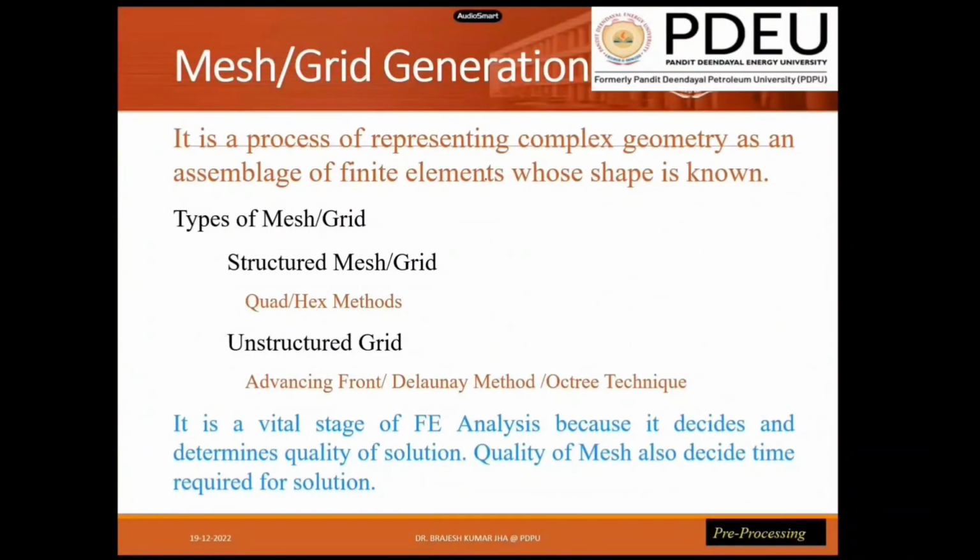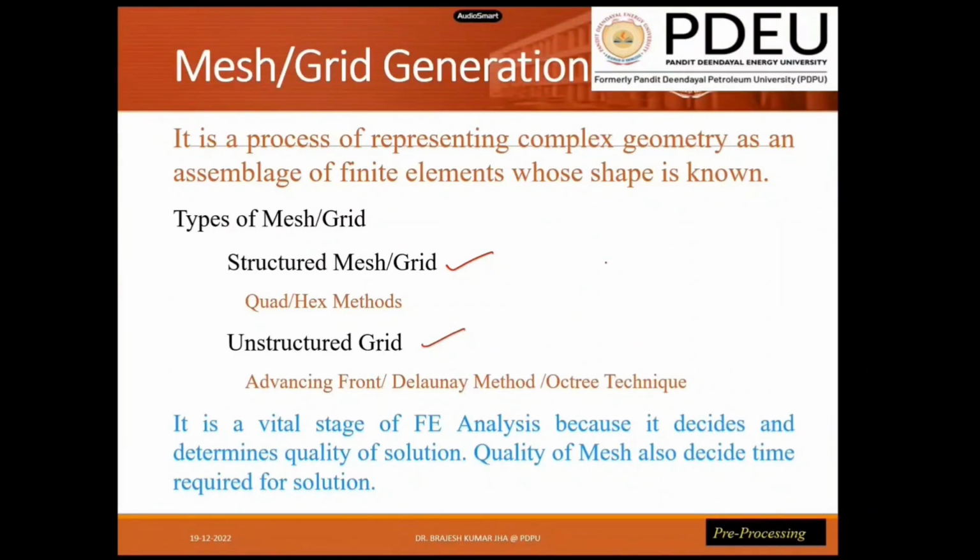In mesh generation, if your geometry is very complex, the generation of the mesh, or the structured mesh grid, is very important in defining the discretization of the irregular geometry. An unstructured grid can also be used in such a way.